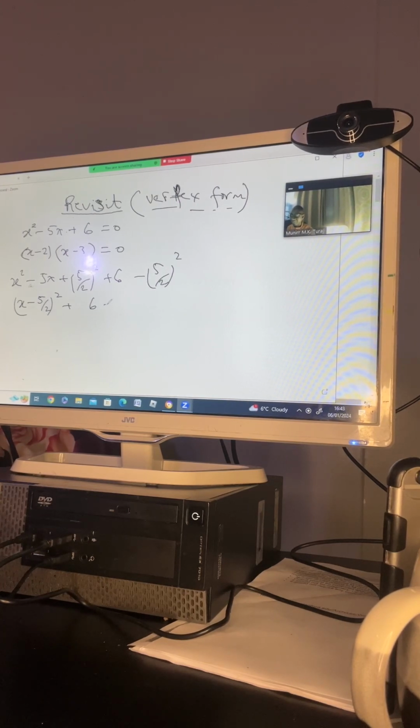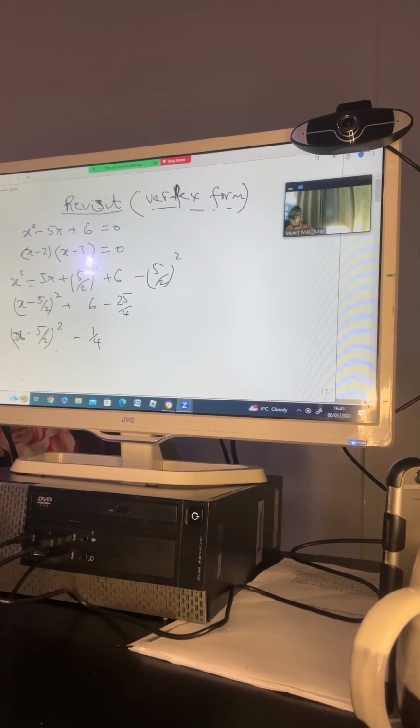So now you have 6 minus (5/2) squared, which is 25 over 4. 5 squared is 25, 2 squared is 4. So you still have your (x - 5/2) squared, and this now becomes 24 minus 25, you get minus 1/4. So this is factorization using the vertex form.